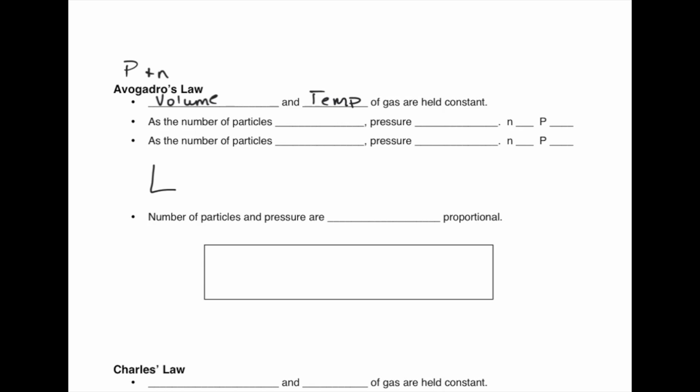If we have a container that has 2 particles at a specific temperature and a container of the same size at that same temperature, but it has more particles, then you should see that the one that has more particles, the walls of that container are going to get hit more often. Okay, so the pressure is going to be higher.